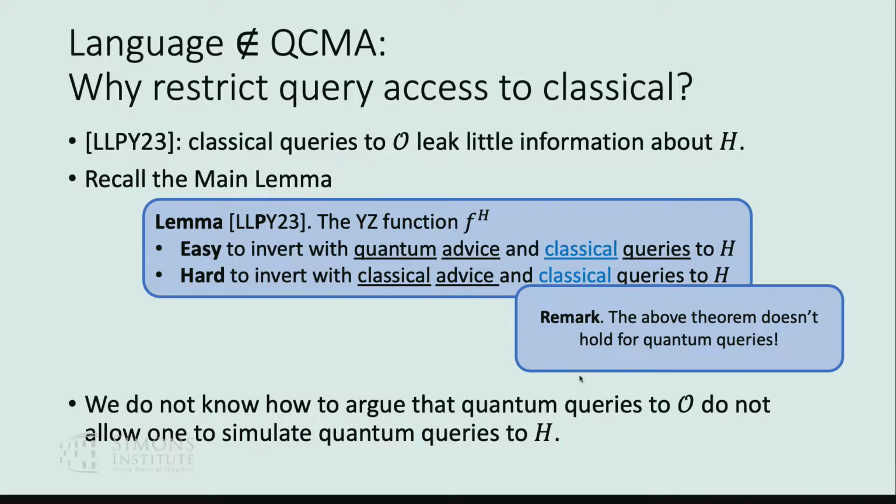This doesn't hold with quantum queries, because if you have quantum queries, Yamakawa-Zandri said, you can actually invert. You don't even need advice. And so we didn't know how to argue that quantum queries to O do not allow one to simulate quantum queries to H that allow you to invert. So this is why we require only classical queries to the oracle to fill in this step.